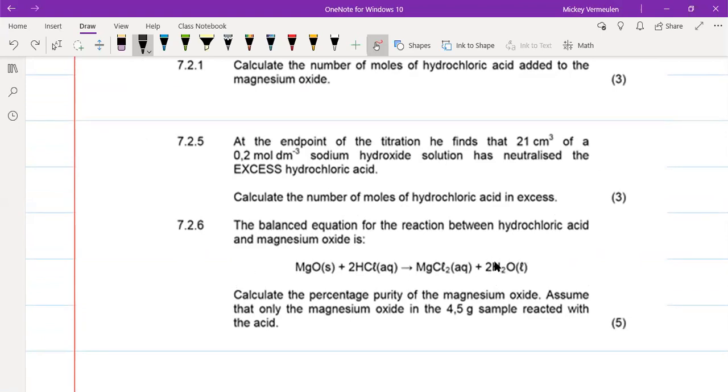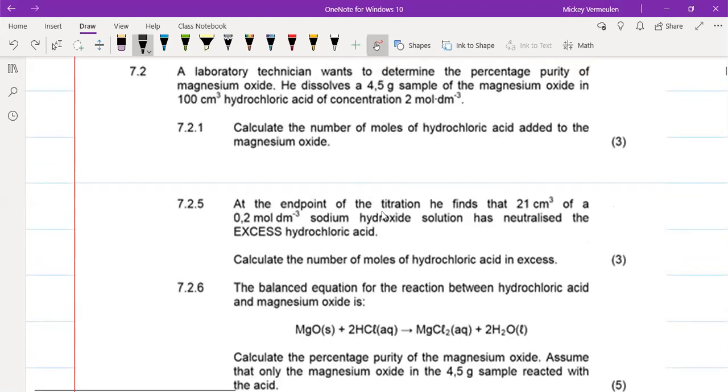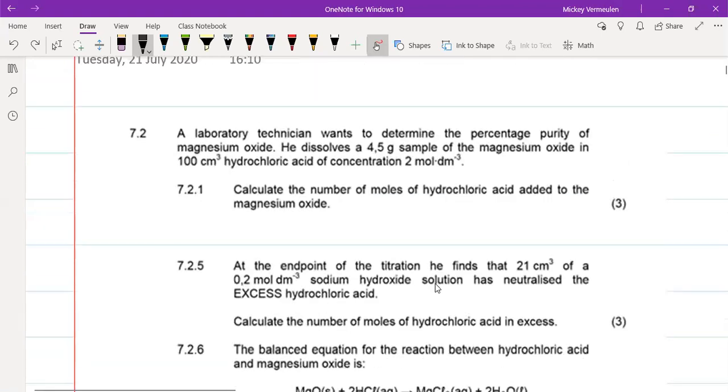But having said that, in all of my working out here, because I'm only wanting to get to the percentage purity of the magnesium oxide, I almost end up completely ignoring the products, because the products here are secondary. They are not what we are thinking about. We only want to get to this final percentage purity of magnesium oxide.